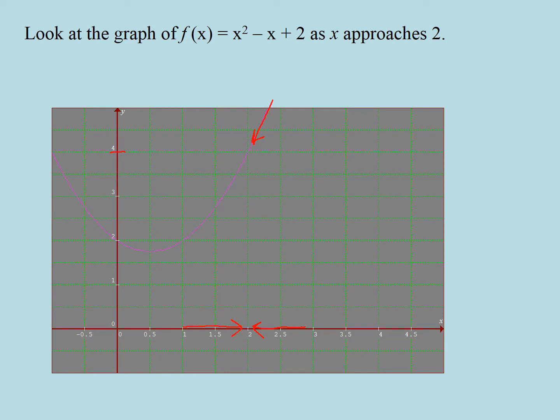And the x values approaching 2 from the left, let's look at the y values, what they are approaching. That's approaching 4. So again, we could conclude that the limit of x squared minus x plus 2 as x approaches 2 equals 4. Because our one-sided limits equal each other, this limit exists.